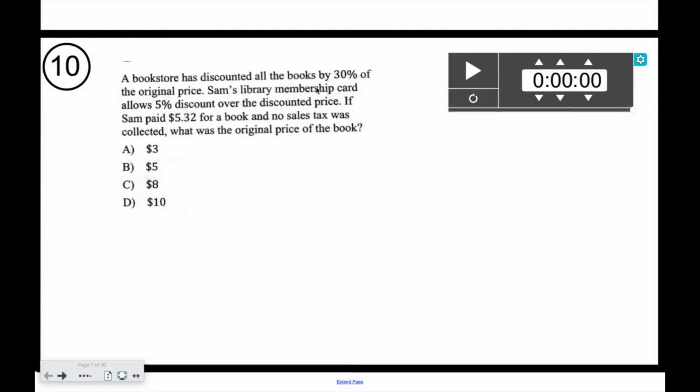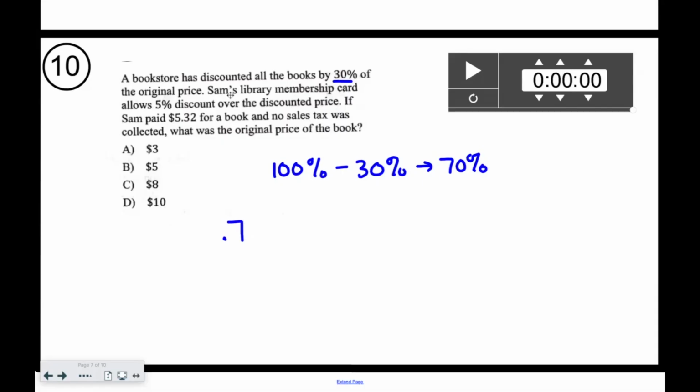If the bookstore discounted all the books by 30%, that means you started with 100% and you take away 30%. That means you're keeping 70%. So as a decimal, that's 0.7. So doing 0.7 is how you do a 30% discount.